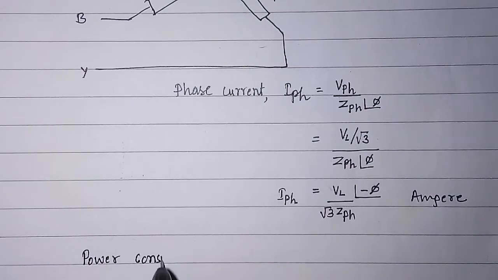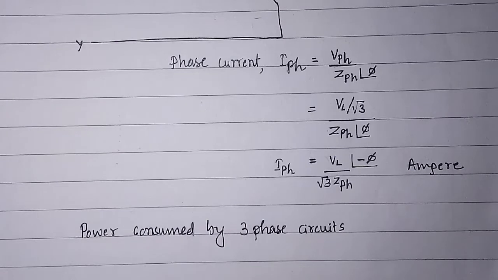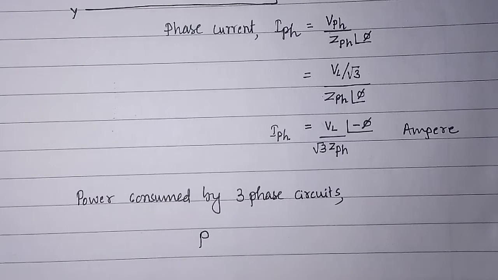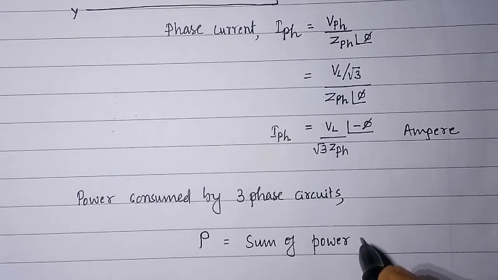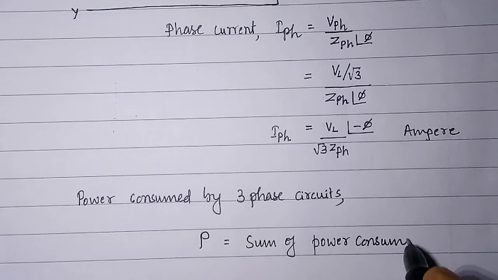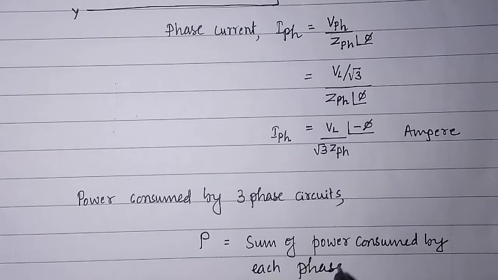Power consumed by three-phase circuits, capital P, is equal to the sum of power consumed by each phase.